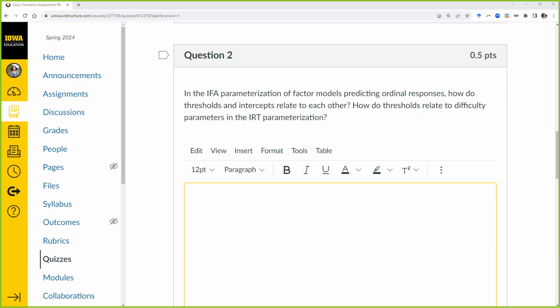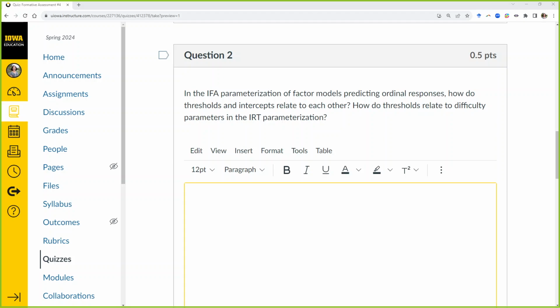And you will see in our next homework that sometimes when we use WLSMV estimation methods, we have thresholds and factor loadings, or slopes. We can take the specific threshold and divide it by the item slope to get the B parameter.